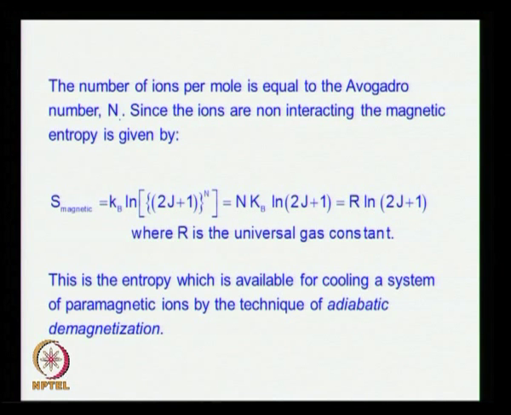So, this is the magnetic entropy that is available in a system of paramagnetic ions in an applied magnetic field.